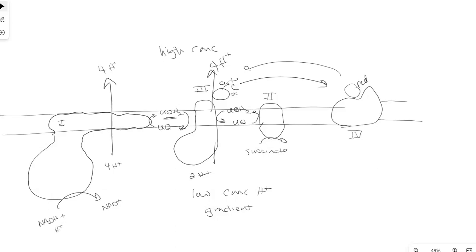And complex 4 is going to terminally give us, from oxygen and 2 protons, water, as our very stable, low energy terminus for electron transfer, and also give us 2 more protons.